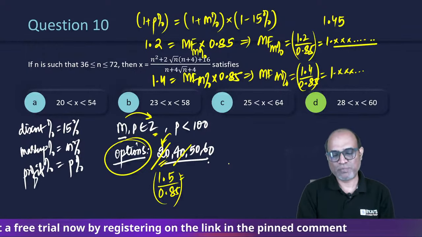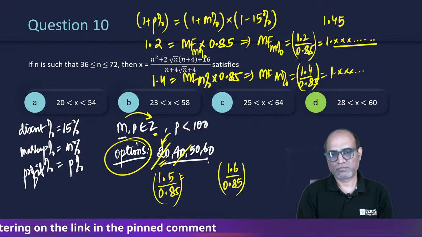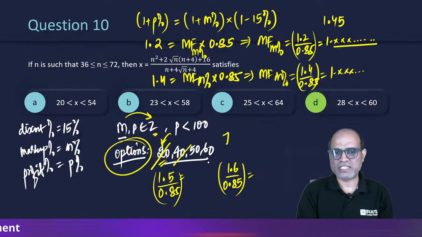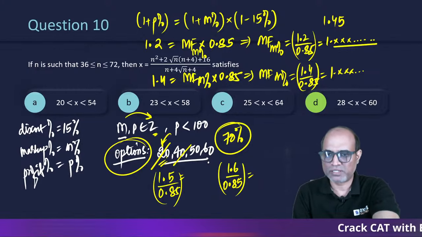If I take 60%, 1.6 by 0.85, this also doesn't work. I think the answer should be that 70% is the value that is acceptable.